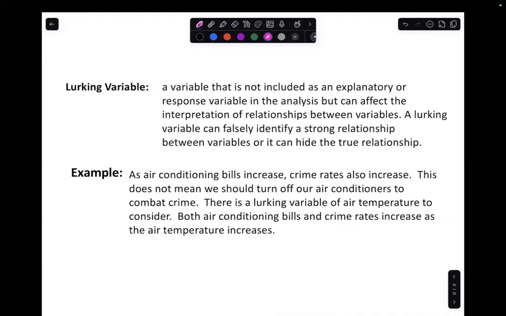For example, as air conditioning bills go up, crime rates also go up. If we turn off our air conditioners, it's not going to make the crime rate go down. The lurking variable is air temperature. Air temperature affects both those things, so they're going to correlate. So be aware of that when you're looking at other people's data and when you're collecting your own.